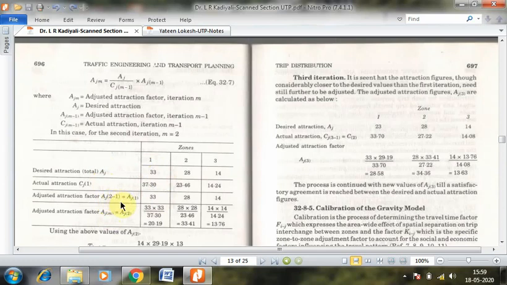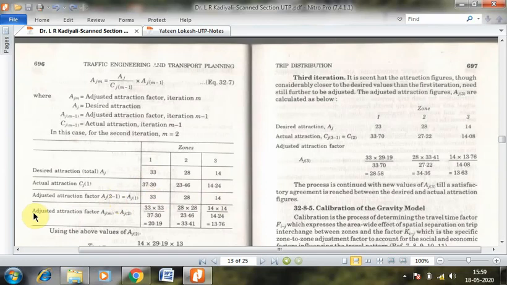No, it's not the case. Aj2 minus 1, or Aj m minus 1, has to be calculated during every iteration. So Aj2 minus 1 is Aj1. In this particular step, it is the same as Aj, so the same value gets repeated here.